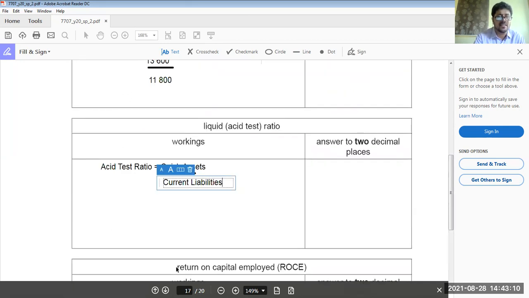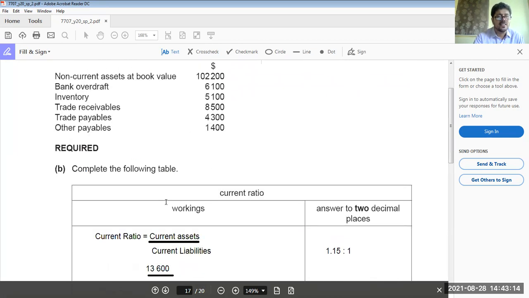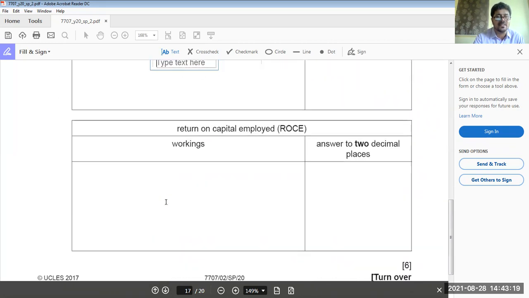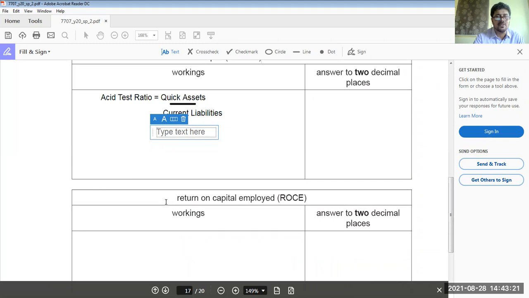Now, quick assets means we should not include inventory in current assets. So we have only one current asset left, 8,500 trade receivables. So it means that there is only one current quick asset, 8,500.